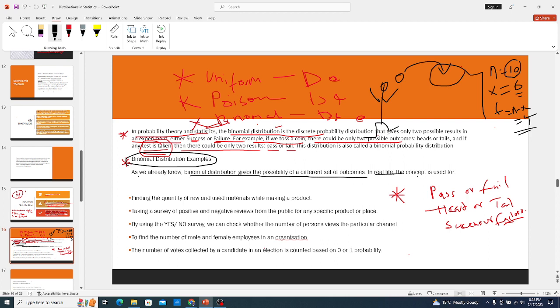In real life, the concept is used for, number one, finding the quantity of raw and used materials while making a product. While taking a survey, you can get either a positive or a negative review from the public.